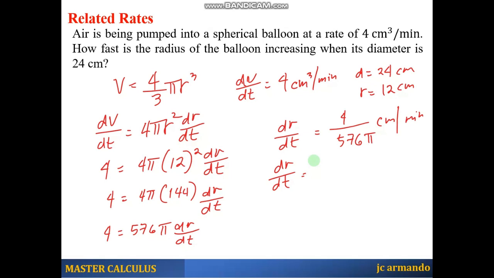That is 0.002. So, 0.002 centimeters per minute. So, ganyan lang.